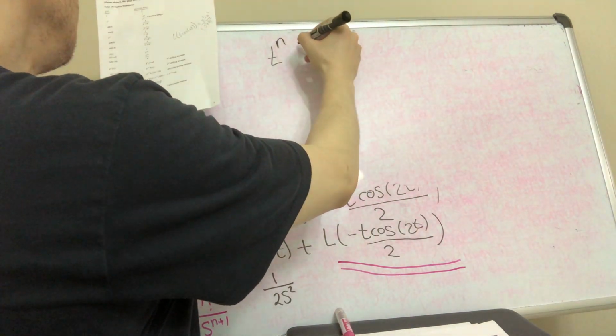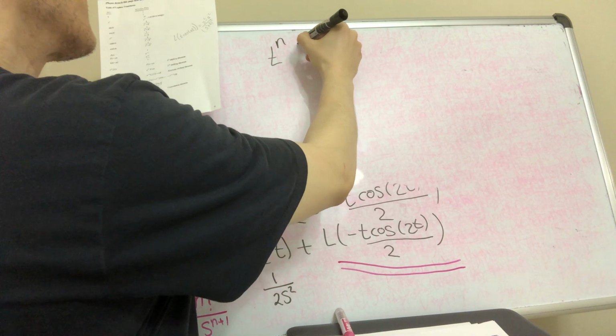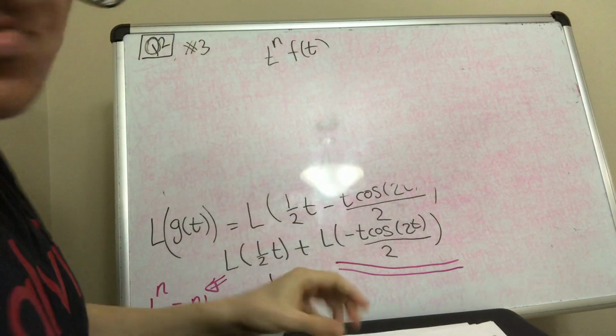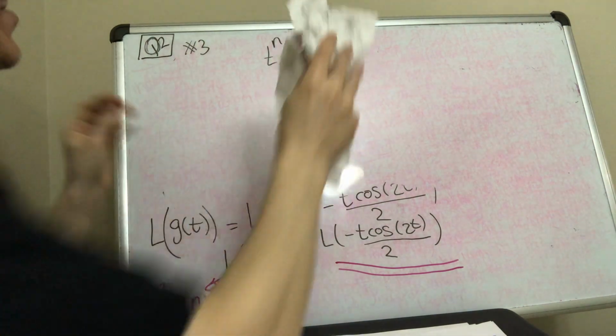When you have t to the n times f of t, let me use a different color so you know that I'm writing the rule here.